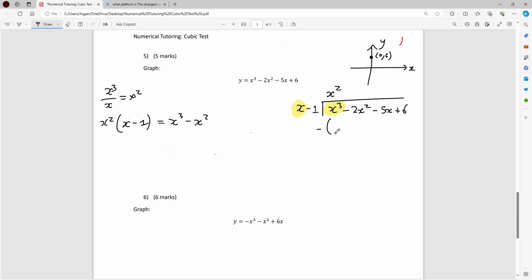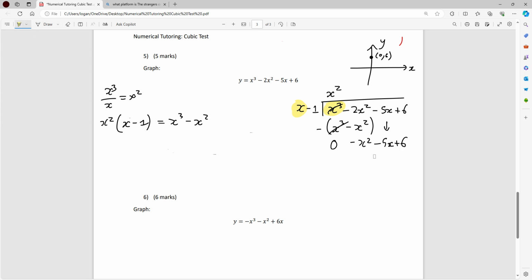Chuck that down here, so negative x cubed minus x squared. This gives you, in turn, negative 2x squared subtract negative x squared. That's basically going to be negative x squared. The first term we know cancels out to be 0 because x cubed minus x cubed is 0. And then we just move the rest down. So we have minus 5x plus 6.